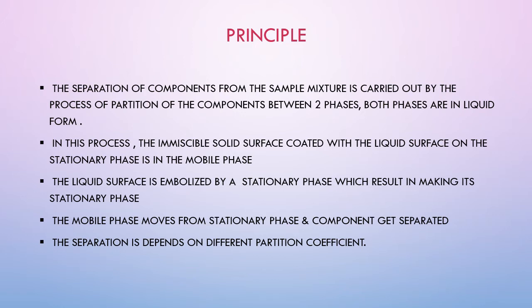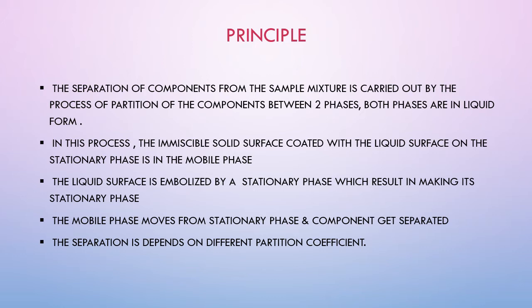This paper is made of cellulose, which is a polar substance, and the mobile phase is a liquid which runs on the chromatography paper.